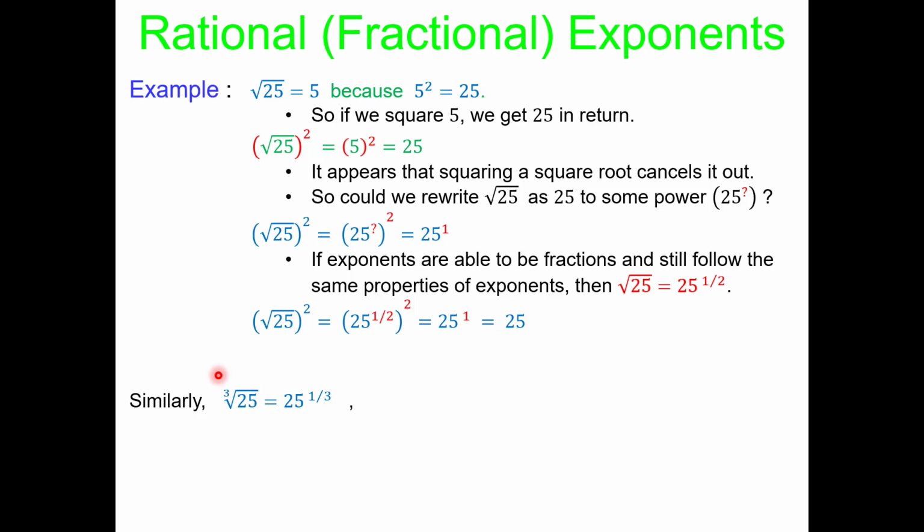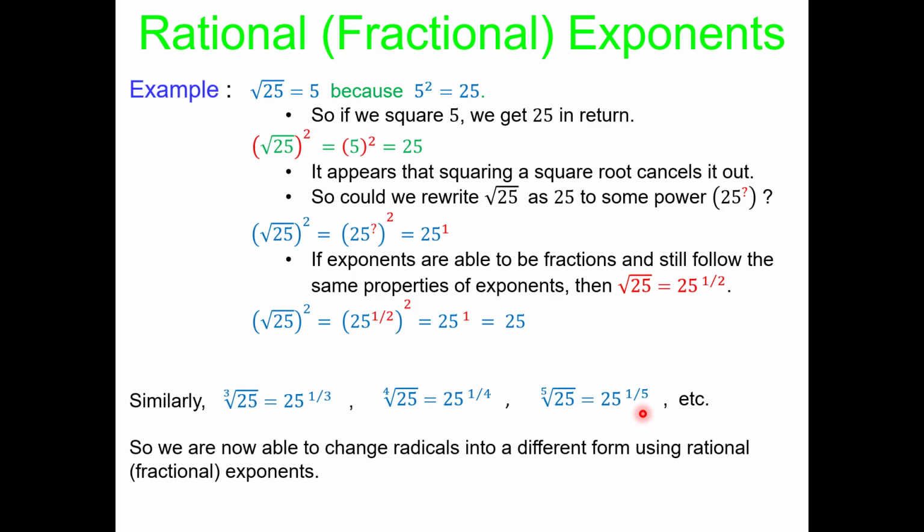So let's try it with this one. Cubed root of 25 is just 25 to the 1/3 power. And then 4th root of 25 is 25 to the 1/4 power. And so on. So 5th root 25 is 25 to the 1/5 power. So we are now able to change radicals into a different form.